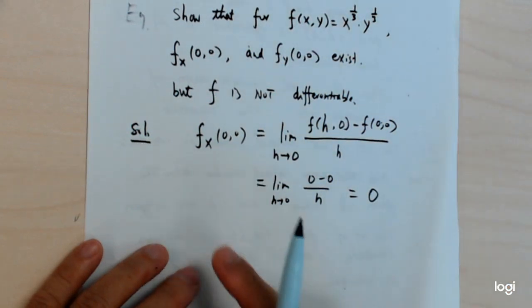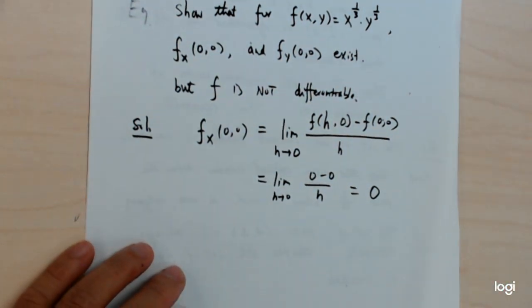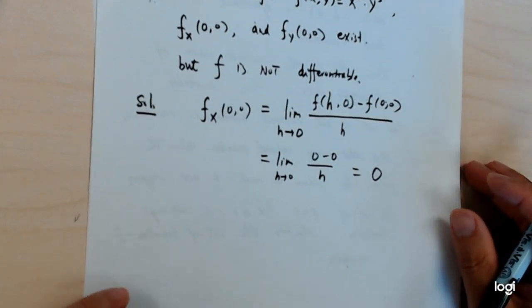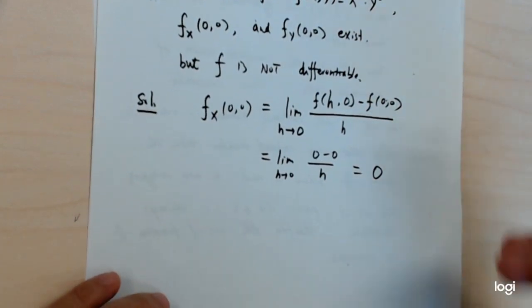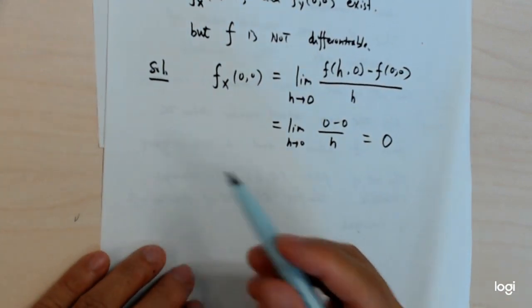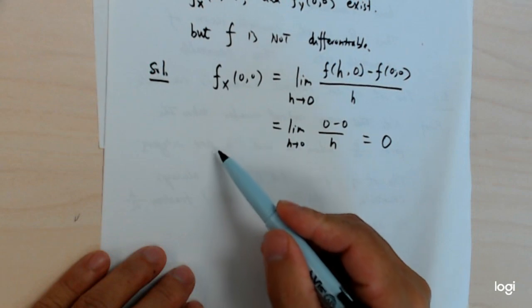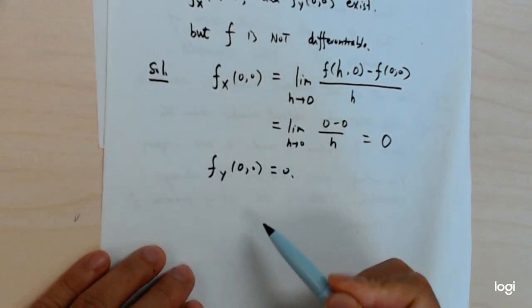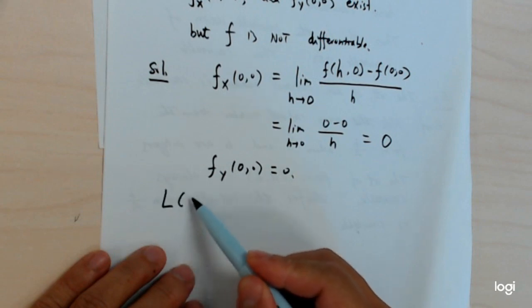Same story for f_y, okay? Same story for f_y. So both partial derivatives are 0.